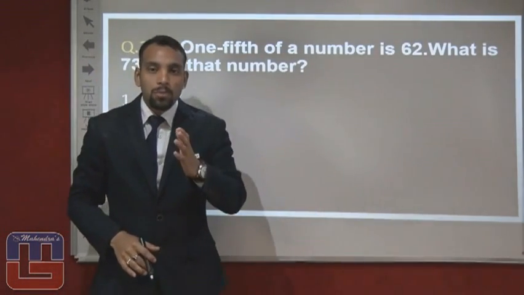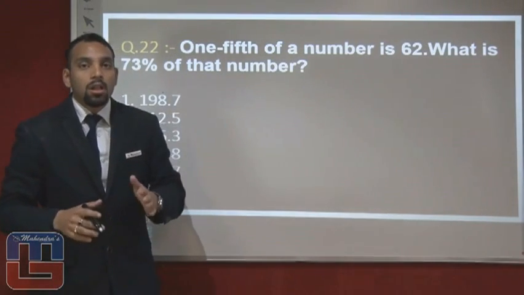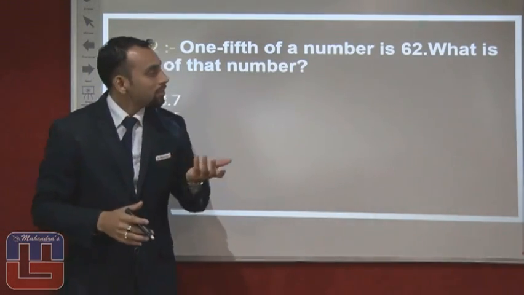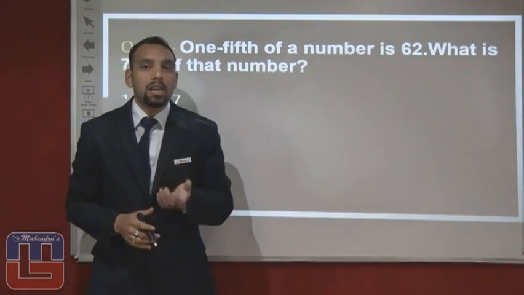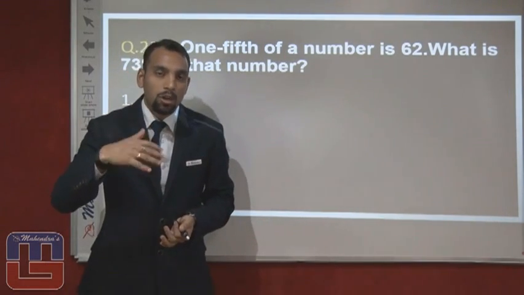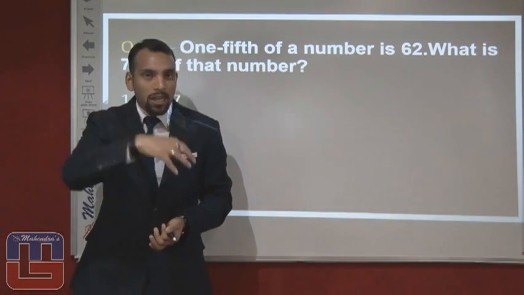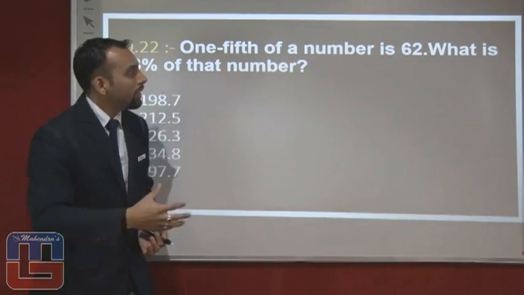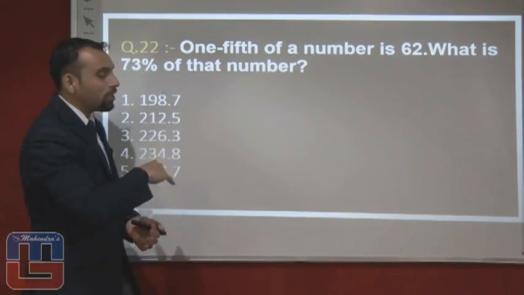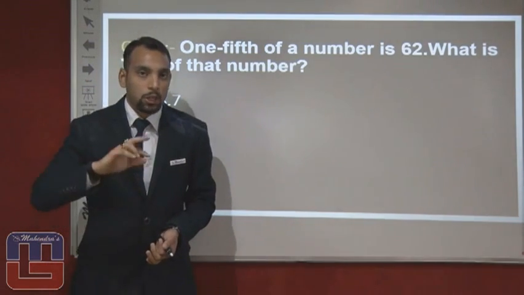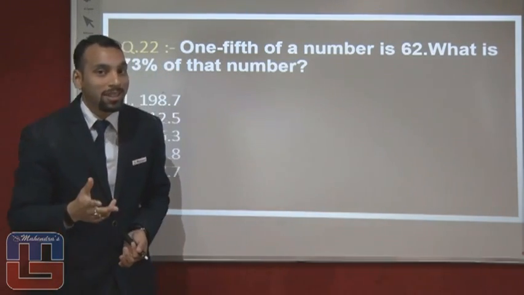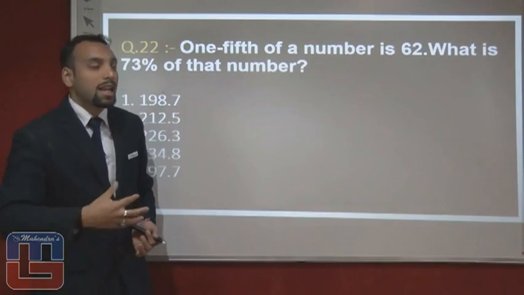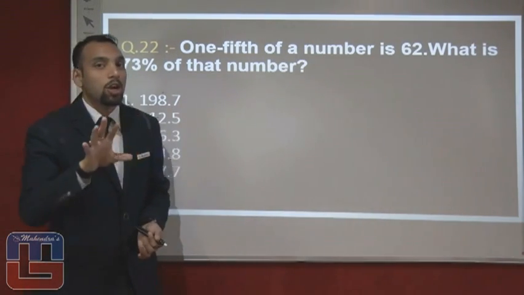Next question is from percentage. Now, if you face a miscellaneous question in your examination, what you have to do? In today's discussion, we will discuss how we can solve the question by using the options.